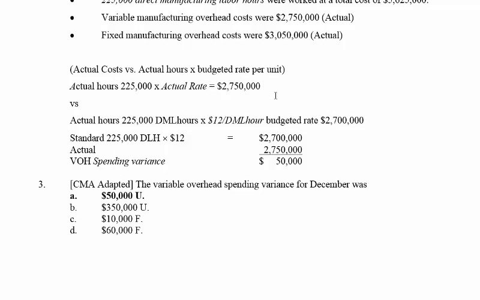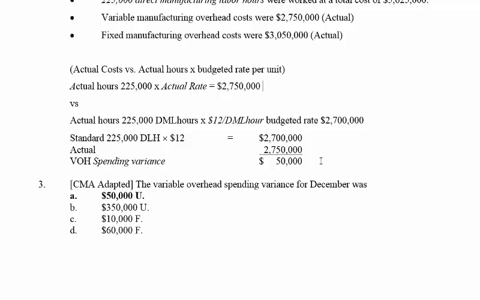Alright, so the difference between the $2,750,000 actually spent versus the actual hours times the budgeted rate would give us the difference in the spending. Alright, so we're talking about $50,000 spending variance.